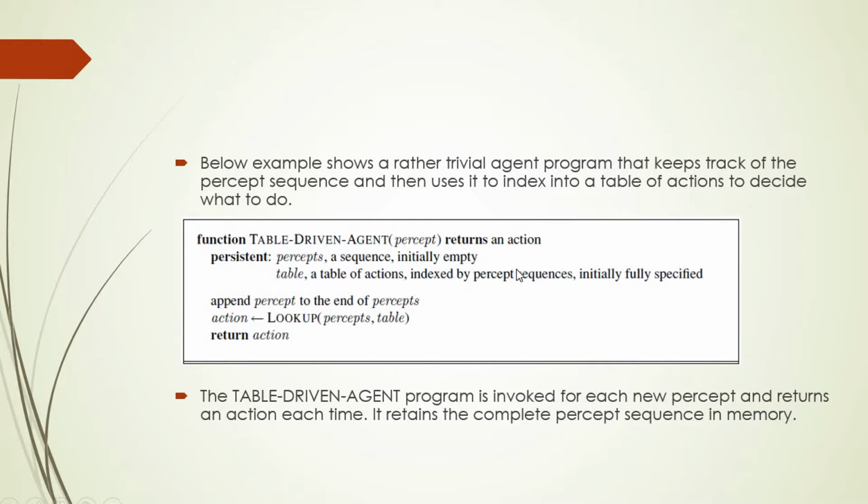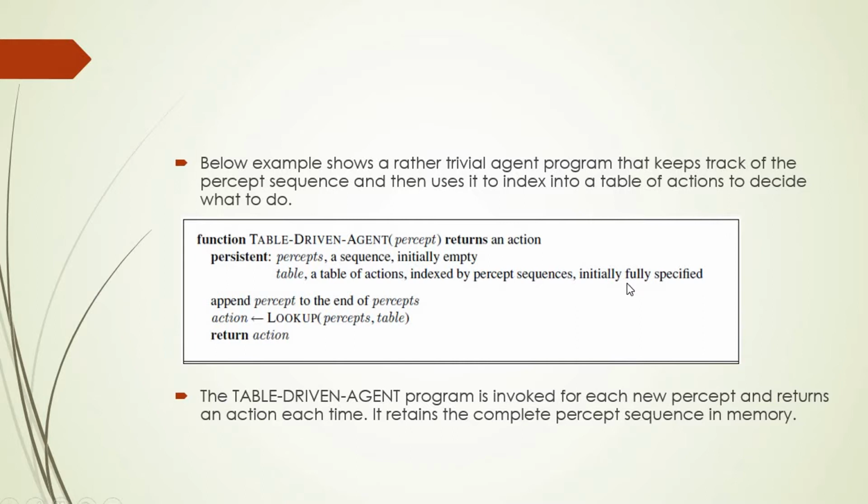So that's the signature of the function. Inside the function, if the behavior is going to require a number of percepts, there will be a percept sequence, which might be initially empty, and there will be a table of actions indexed by the percept sequences.